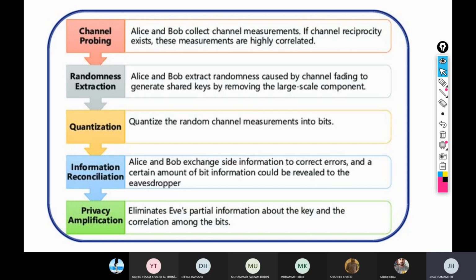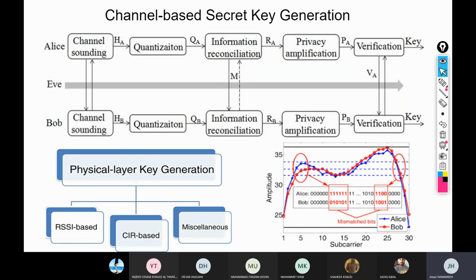Now, next step, you quantize the random channel measurements into bits. For example, let's say you estimated a channel like this. If you can see with me, this is a channel. This is an estimated channel at both sides, Alice and Bob.